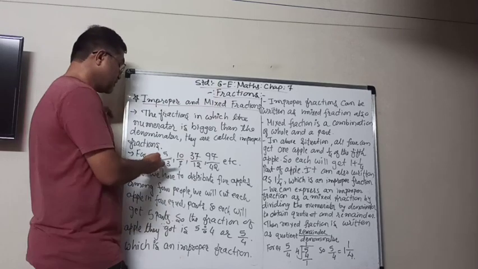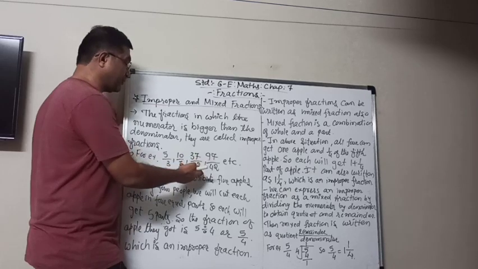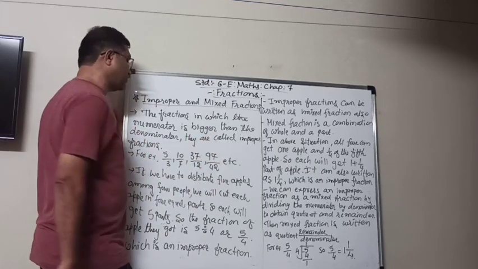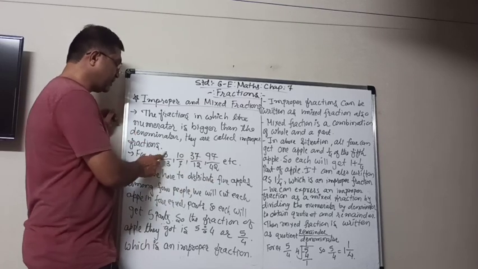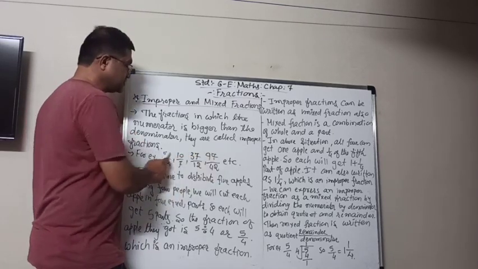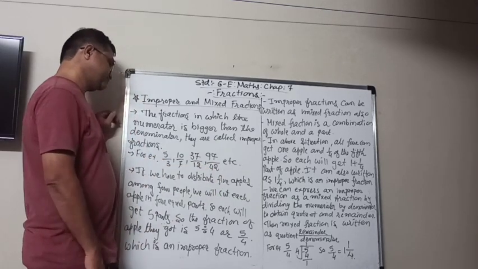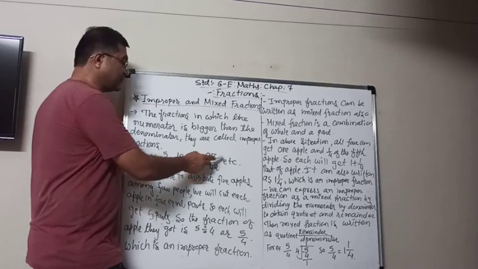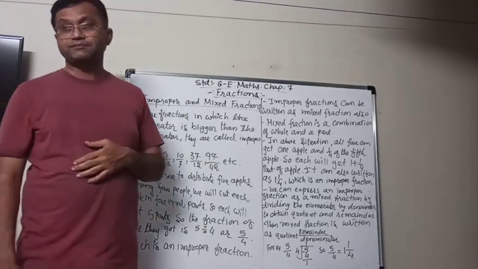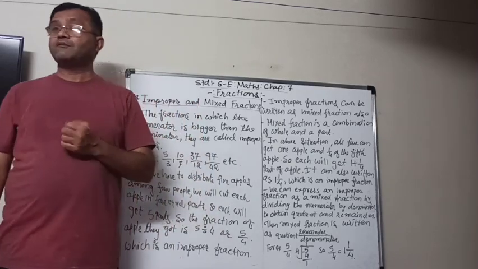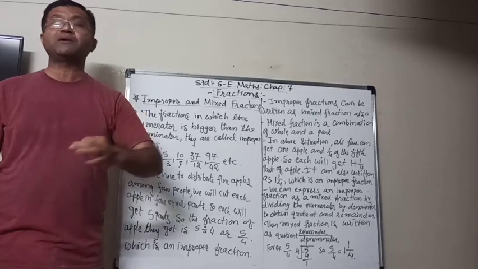For example, 5 upon 3, 10 upon 7, 37 upon 12, 97 upon 42. In all of these, you can see that the number in the numerator is bigger than the number in the denominator. So they are examples of improper fractions.